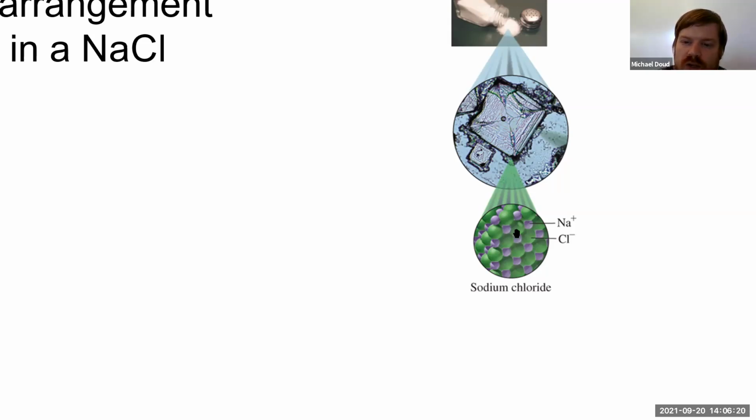So there's no 1-to-1 unit here of sodium to chlorine. Instead, they're all attracted to one another. This chloride ion is attracted to this sodium ion, this one, this one, and this one. There's another one at the back, and another one in the front. So it's surrounded by a total of 6 sodium ions that it's participating in an ionic bond with.